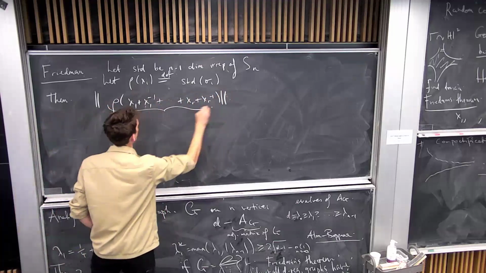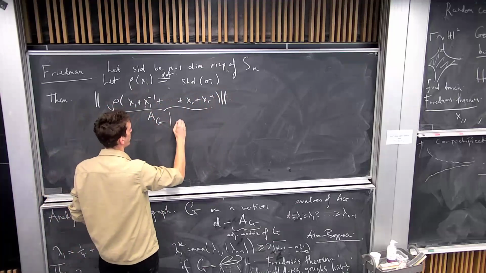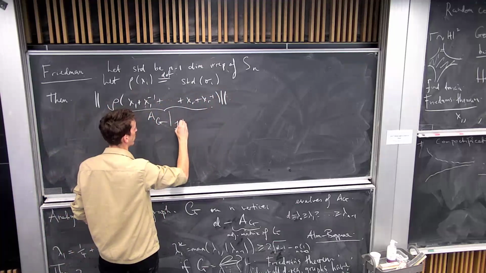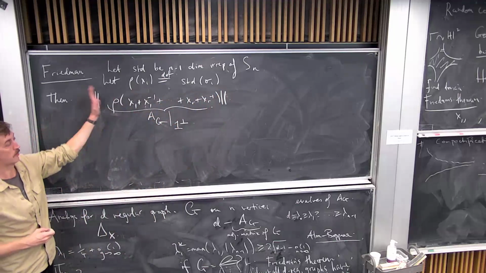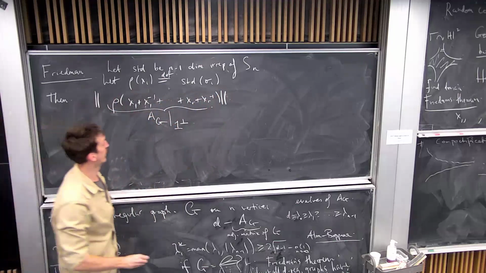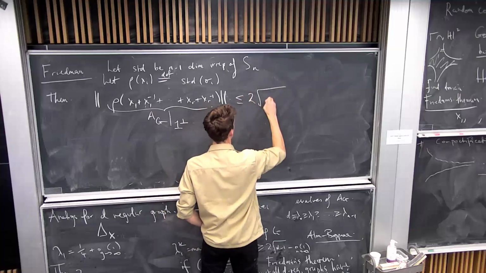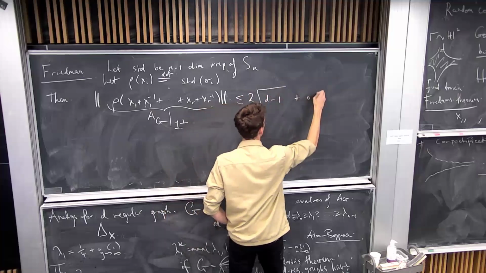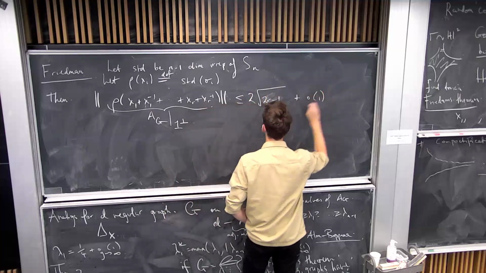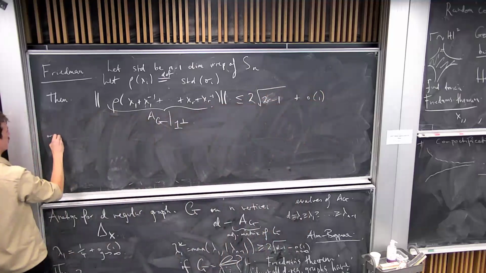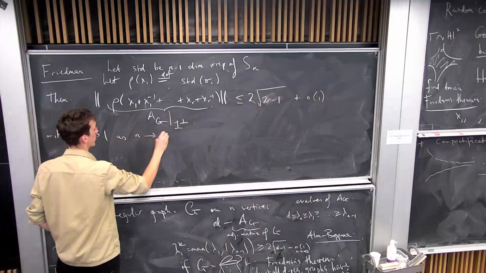This is the adjacency operator of the random graph G restricted to the functions which are orthogonal to constants. So it's a fancy way of writing that. And I care about its spectral radius because I wanted both sides. Okay. But this is equal to 2 root d minus 1 plus small o(1). So it should be 2 root 2r minus 1 here, plus small o(1), with probability tending to 1 as n tends to infinity.